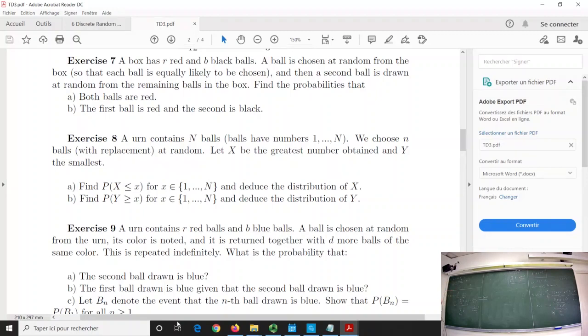Yeah? So it's the kind of computation we are going to do several times again this week. May I erase? I erase. Now it's the exercise 8 of the list 3.